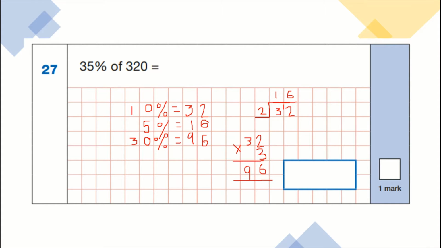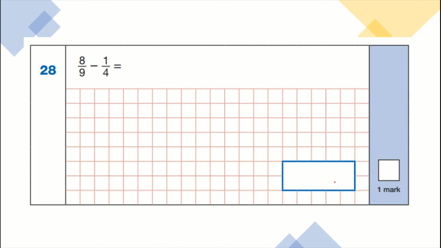Now to get 35%, we would add the 30% and the 5% together. So 6 plus 6 is 12. 9 plus 1 is 10, and that 1, 11. So the answer would be 112.